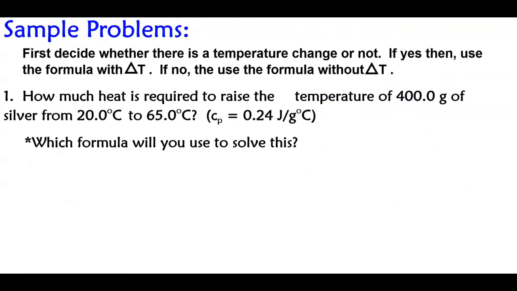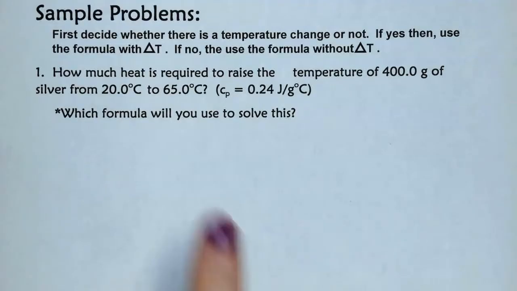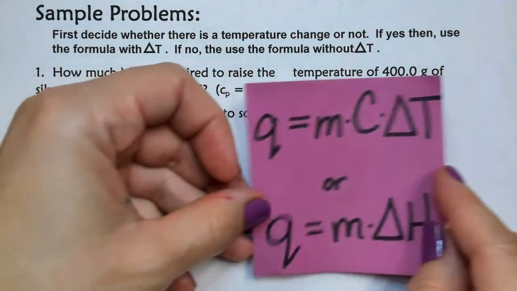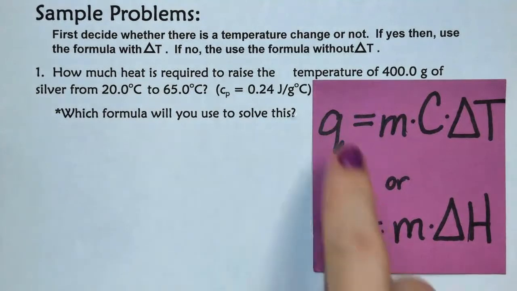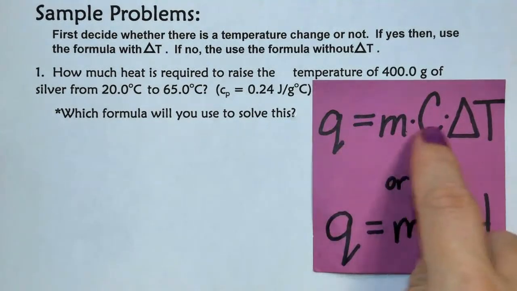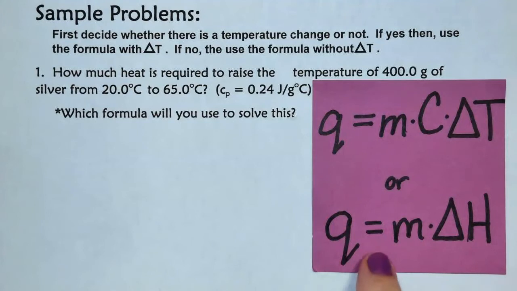So let's do some sample problems. Here's our first sample problem. The first issue is we have to determine which equation we're going to use: Q equals mc delta T, or Q equals the mass times delta H? To figure this out, we read the question.